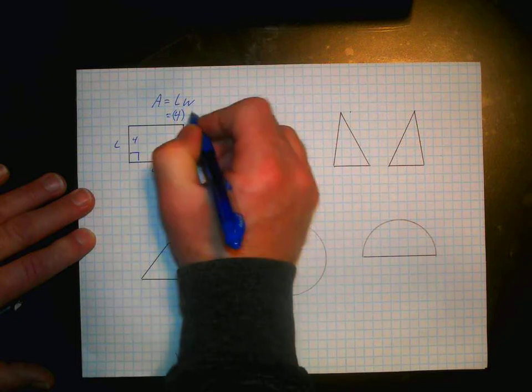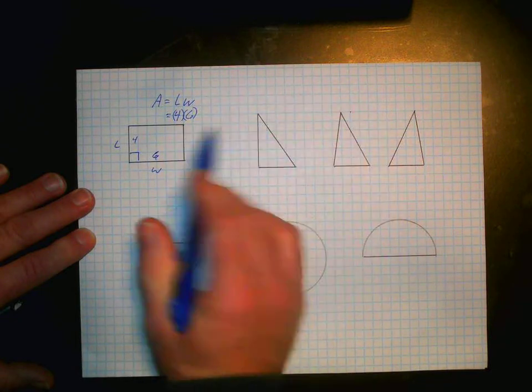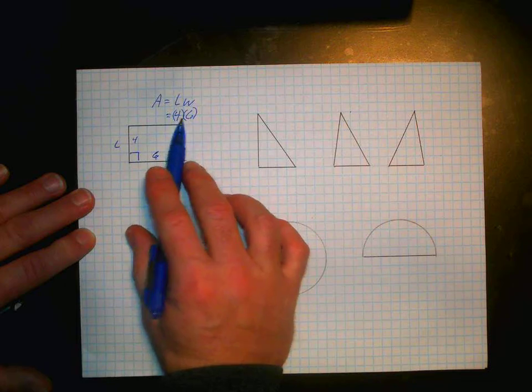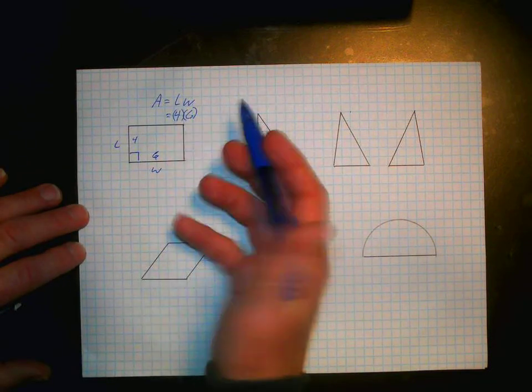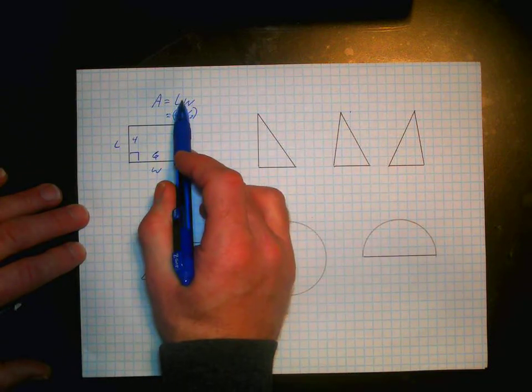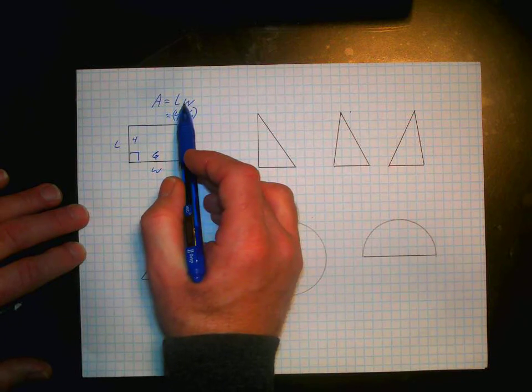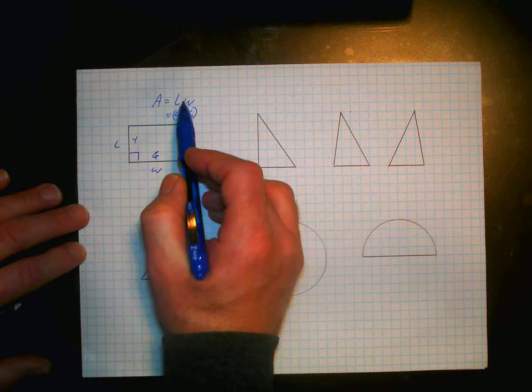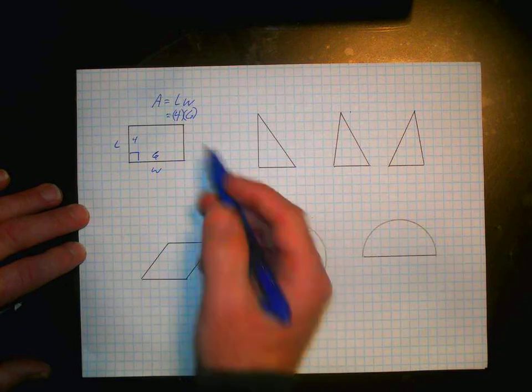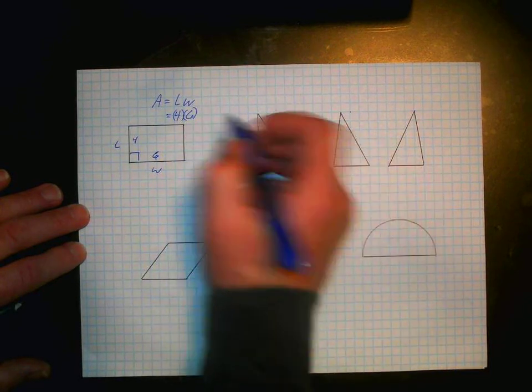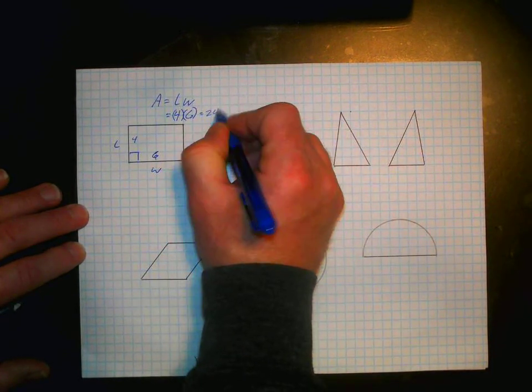So I'm going to put a 6 in here as well. And when you have numbers that are butted up against each other like this, with nothing in between them except parentheses, or they're just written next to each other with no symbol like addition, division, or subtraction, it's multiplication. So this is 4 times 6, which is 24.